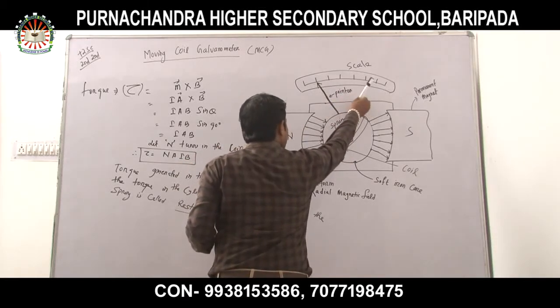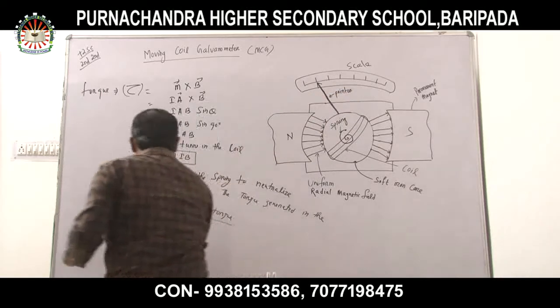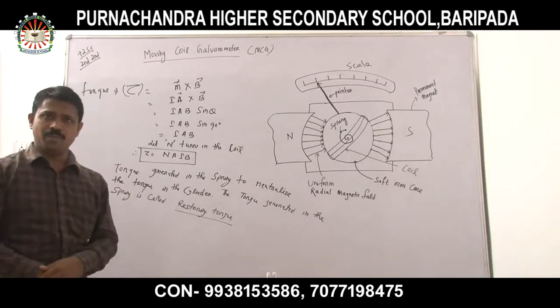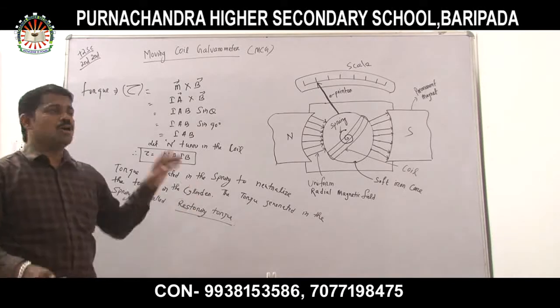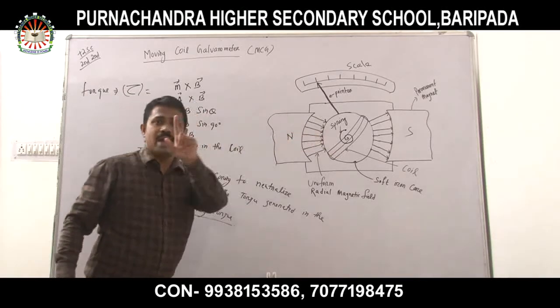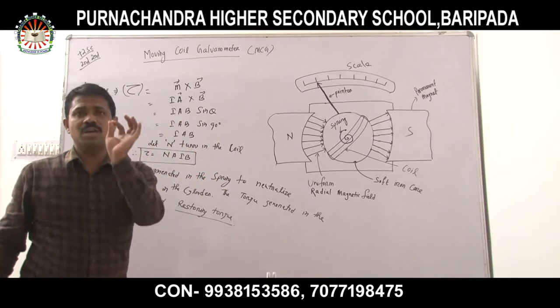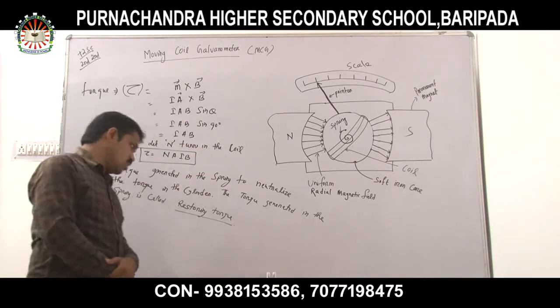To return to the original position, the restoring torque helps. Clear, all of you? This restoring torque generated in the spring helps the pointer come to the original position. Understood?